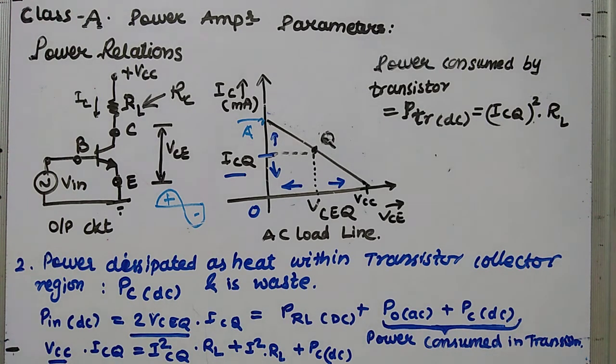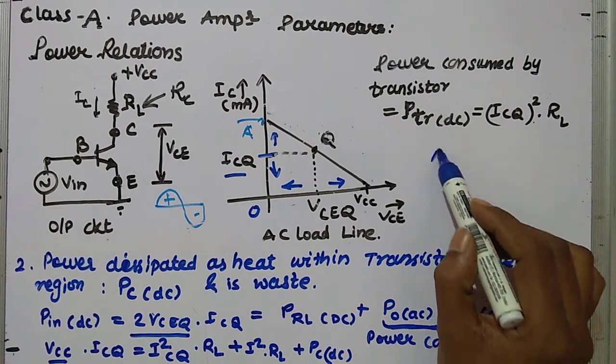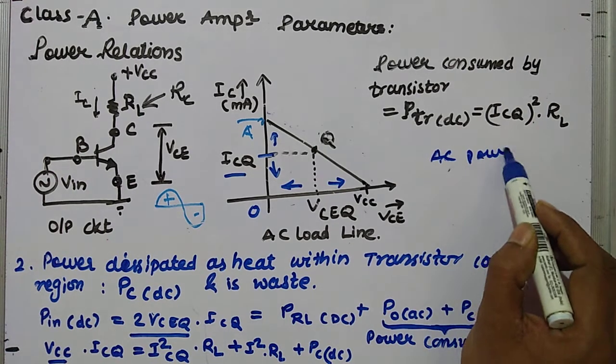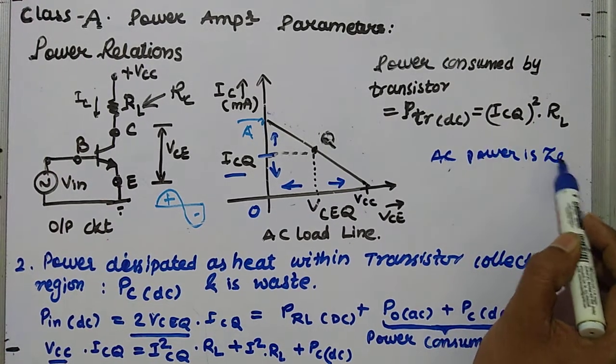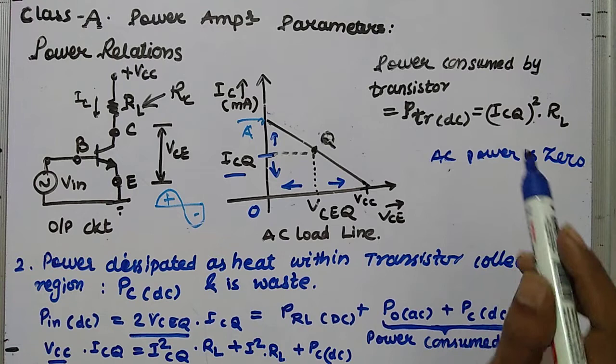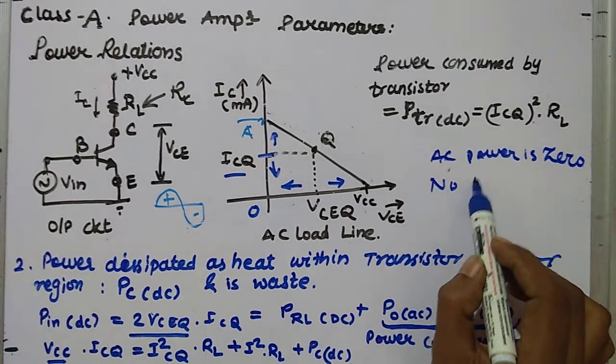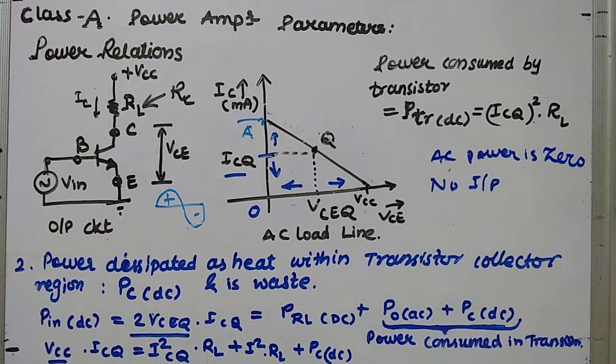So under the zero condition, when no input signal is applied, the AC power is zero. I would like to mention the AC power is zero when no input is given. Therefore, all the power supplied to the transistor goes to waste in the form of heat.